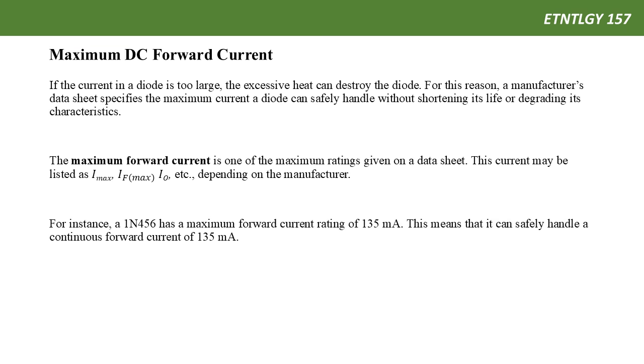This current may be listed as Imax, Ifmax, where F stands for forward, IO, or others, depending on the manufacturer. For instance, a 1N456 has a maximum forward current rating of 135 milliamps. This means it can safely handle a continuous forward current of 135 milliamps.